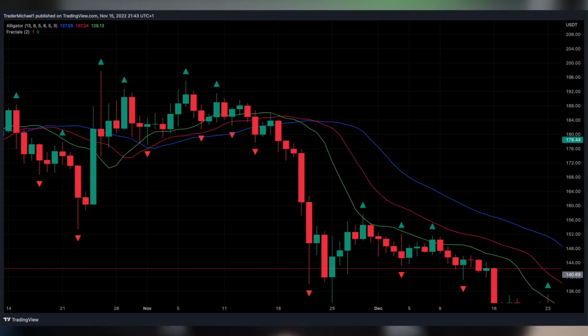On the other side, to enter a sell trade, the alligator lines should start sloping down and the alligator should be waking up. The lip line should be below the teeth and the teeth should be below the jaw. The price should be trading below all the alligator lines. Next, we look at the last two formed fractals, an upward and a downward one.